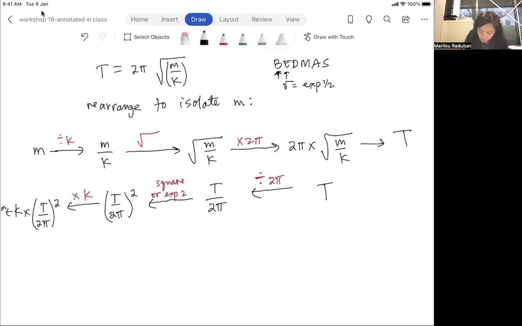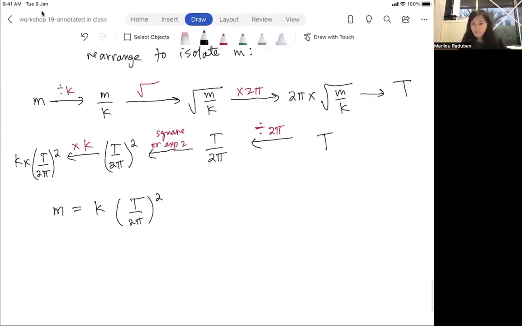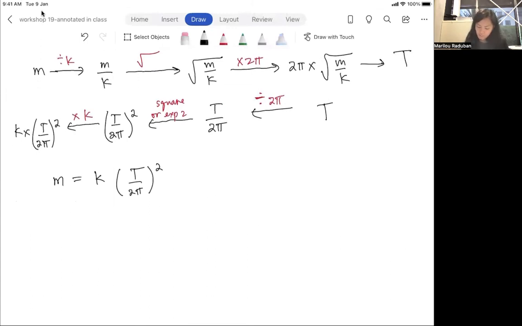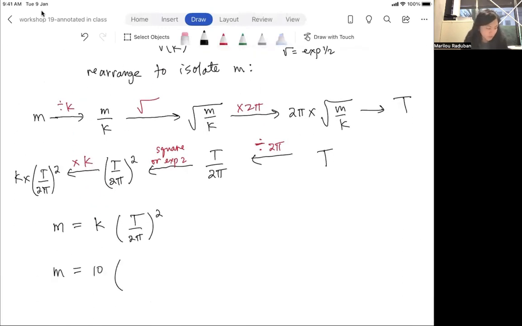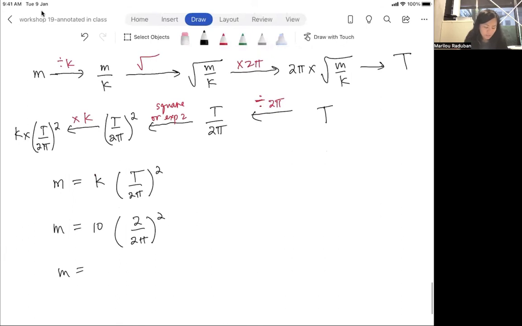So therefore, m is equal to k times T over 2 pi raised to the power of 2. And all you have to do is substitute. k is 10 times the period, 2, divided by 2 pi, raised to the power of 2, which gives 1.01 kilograms for the mass.